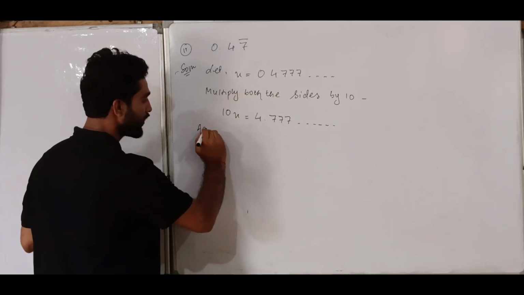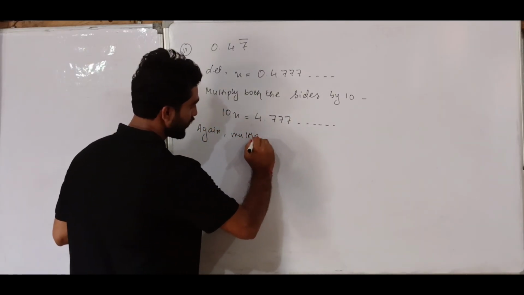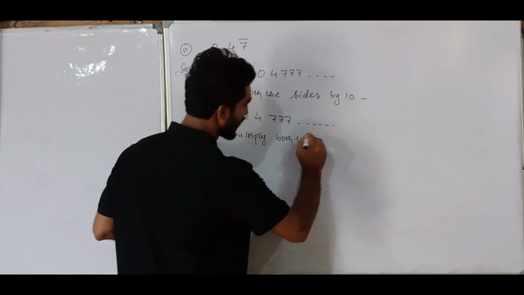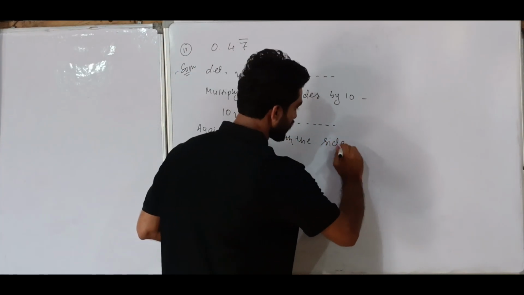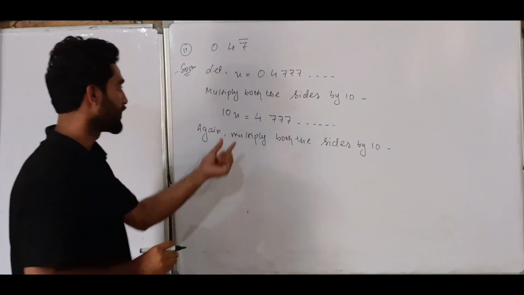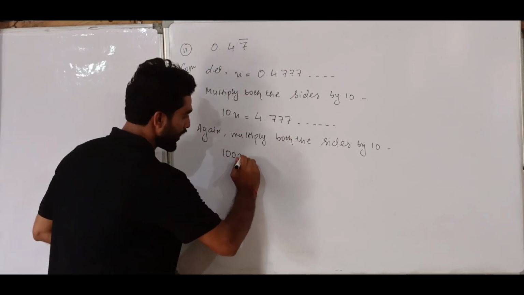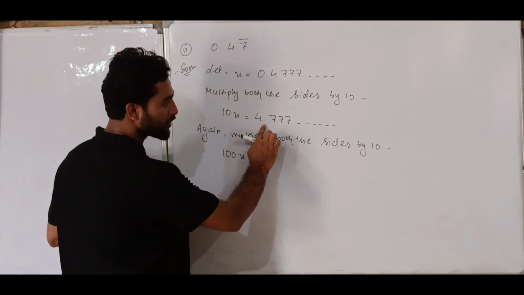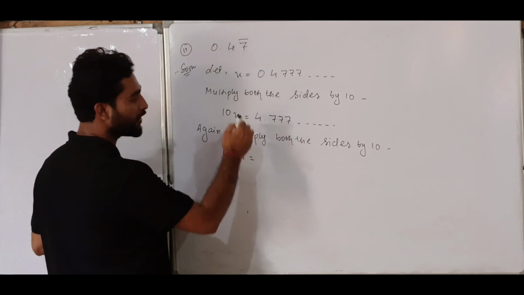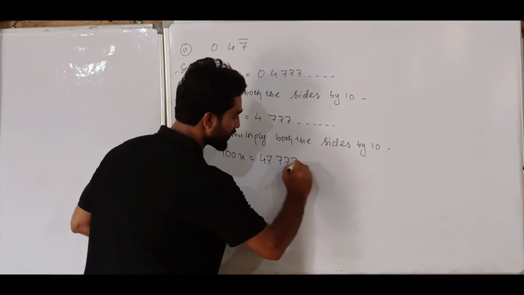So again multiply both sides by 10. 10x into 10 will be 100x. If you multiply this by 10, again one digit comes before the decimal point, so this will be 47.7777.